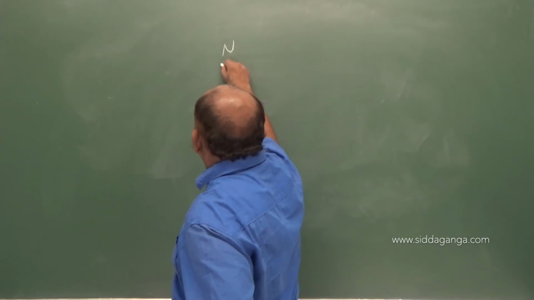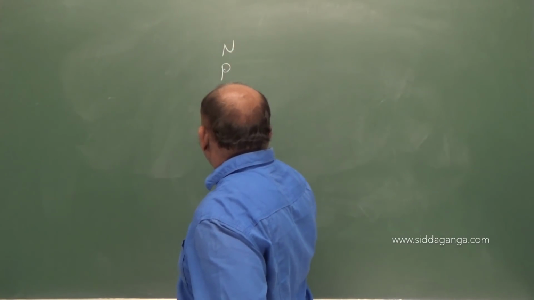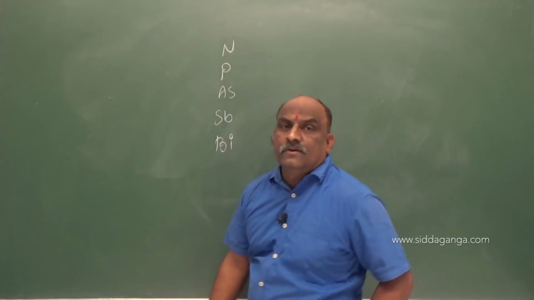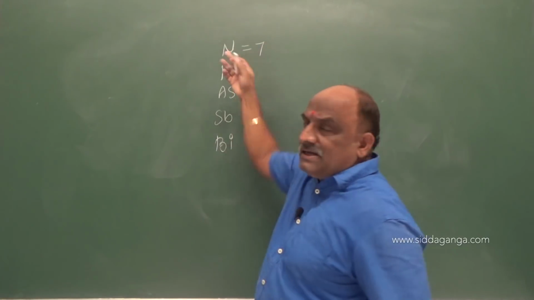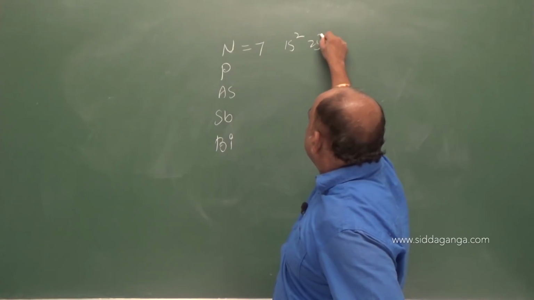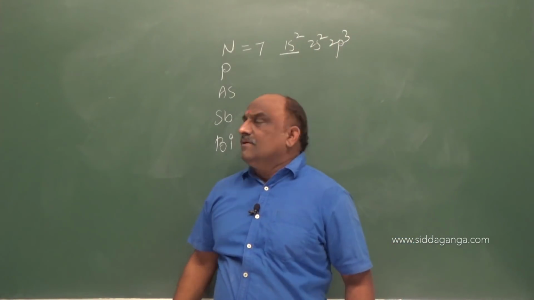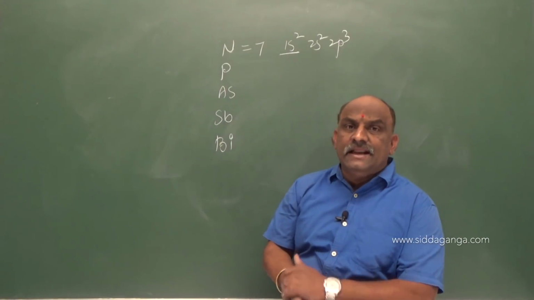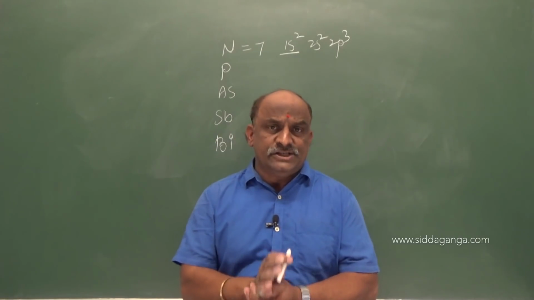Nitrogen, phosphorus, arsenic, antimony, bismuth. Already we know that nitrogen's penultimate shell contains only 2 electrons, while phosphorus has 8 electrons, and arsenic and antimony have 18 electrons in the penultimate shell.